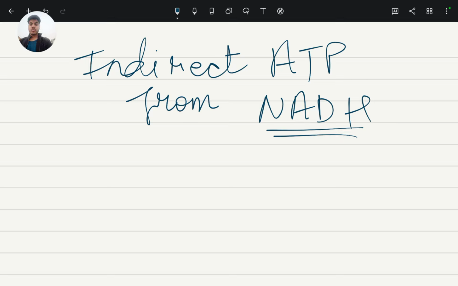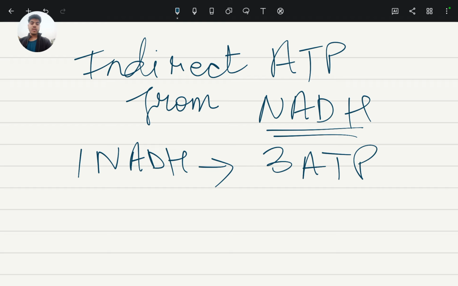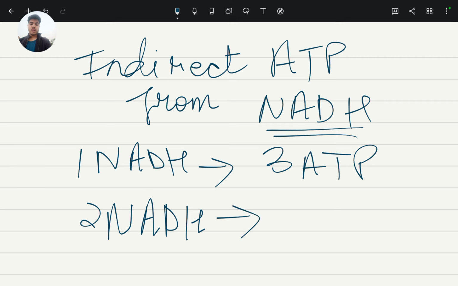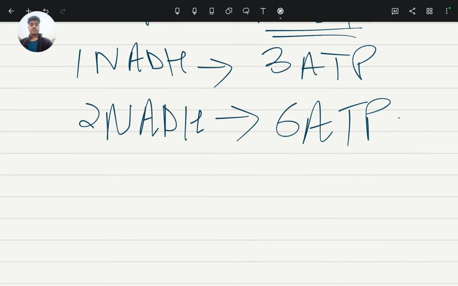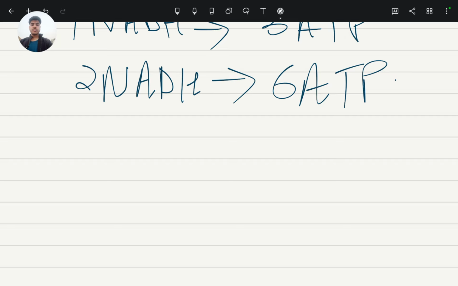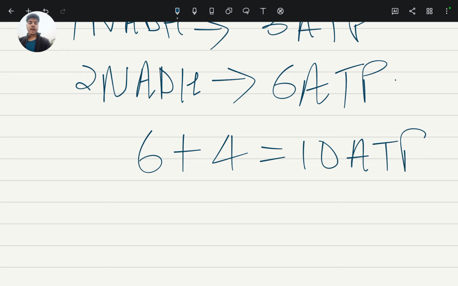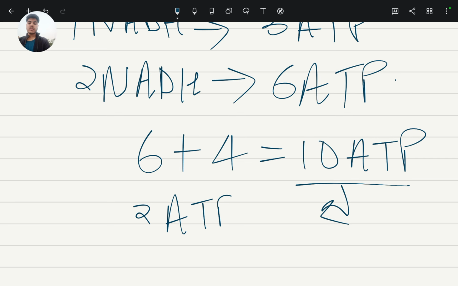So from NADH, as we know, one NADH molecule releases 3 ATP. So 2 NADH molecules release 6 ATP. So there is a total gain of 6 plus 4, that is 10 ATP from glycolysis, from which 2 ATP are consumed during the first and third step.